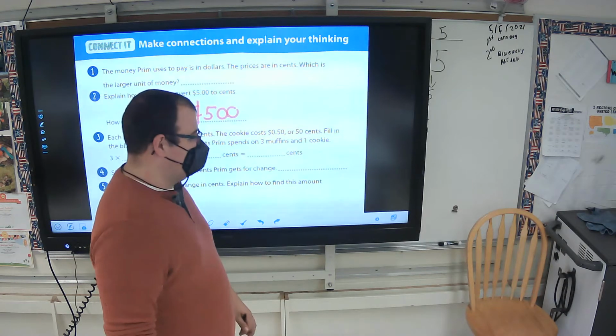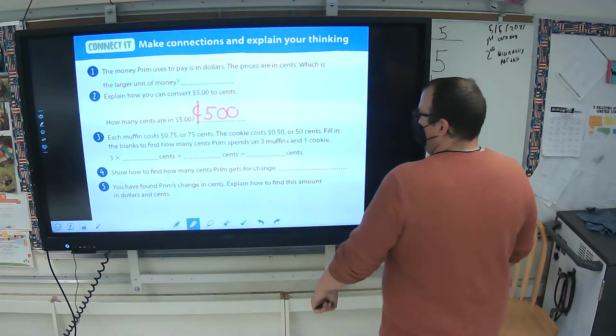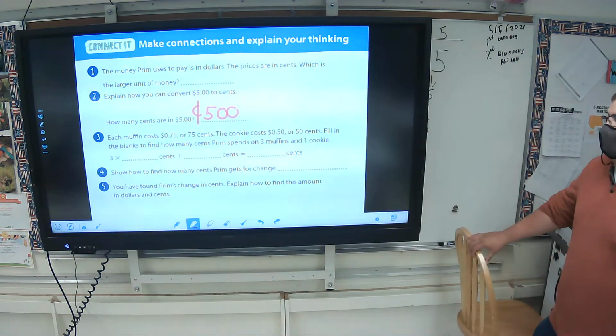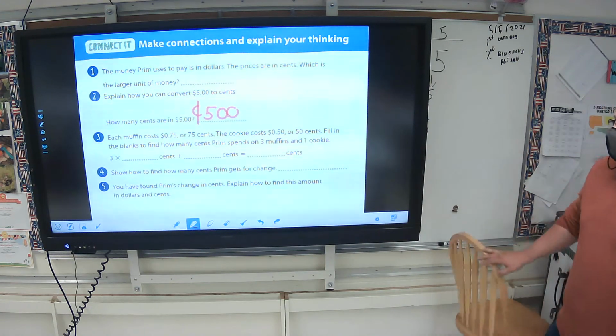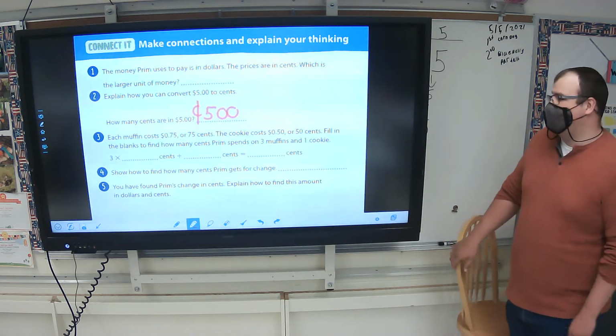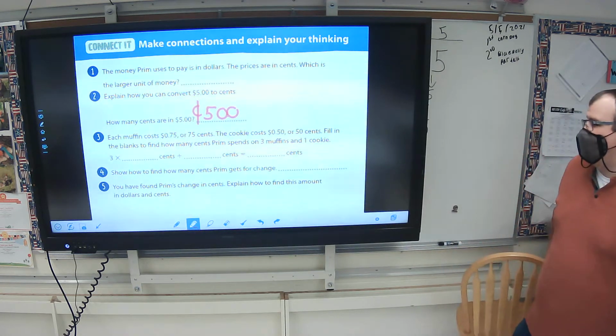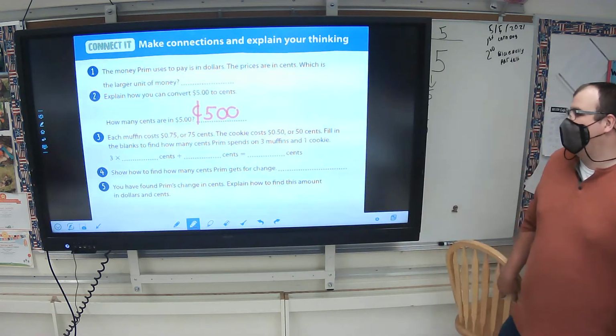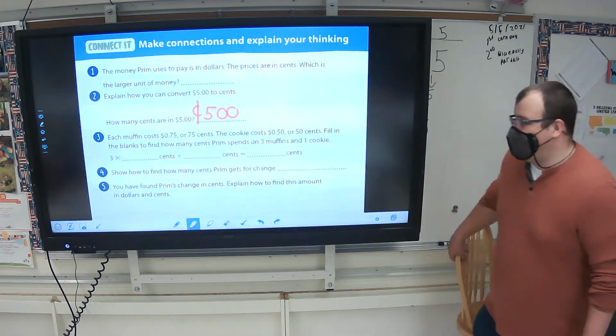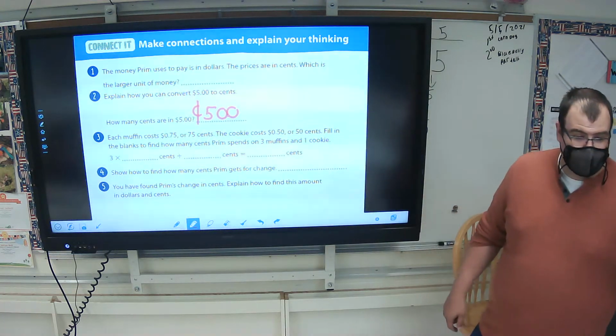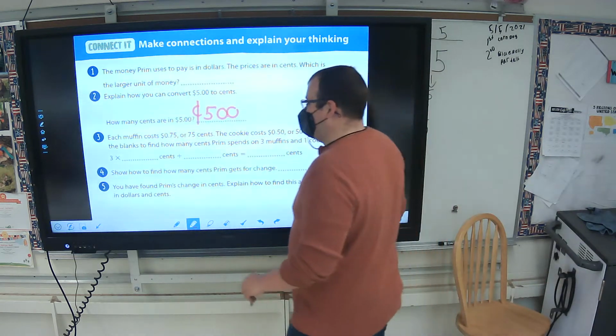Each muffin costs 75 cents, or 75 hundredths of a dollar, or 75 cents. The cookie costs 50 hundredths of a dollar, or 50 cents. Fill in the blanks to find out how many cents Prim spends on 3 muffins and 1 cookie. So she has 3 times what? 75. 3 times 75 cents, right?